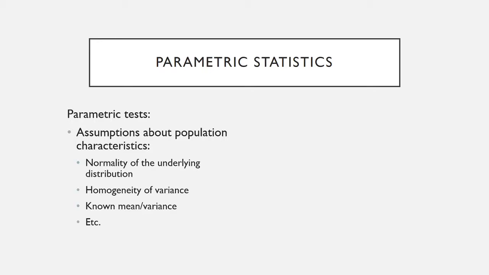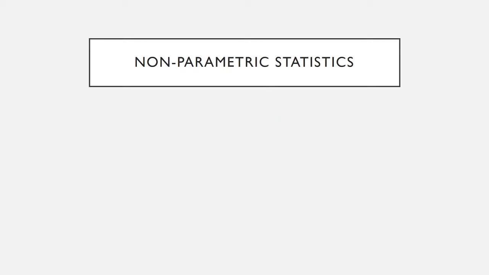Things like the normality of the data, homogeneity of variance, or a known mean or variance. And typically these are going to be used for interval or ratio based data. So all the ones we've learned about so far, our ANOVA, our t-test, these would constitute parametric statistics.